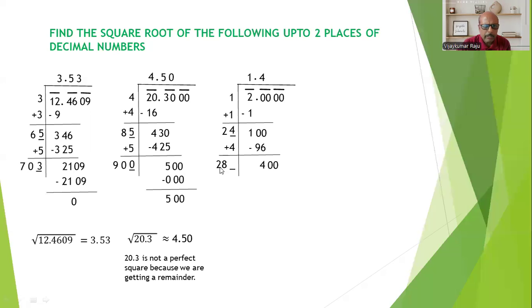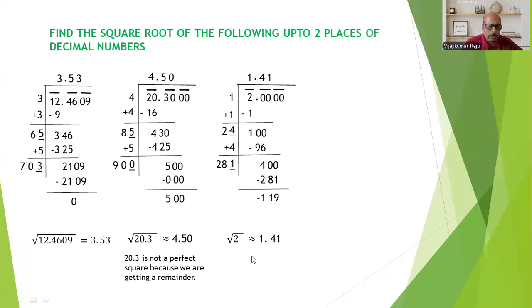Now 400 will be in the 200s. If I take 2, it will become more than 400, so I'll have to go for 1. So it is 281. Subtract, 119. So that means the square root of 2 is approximately 1.41.